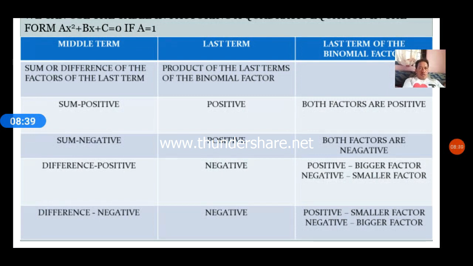And of course, if the last term is negative and the middle term is negative, that is also the difference, so the bigger factor will now be negative and the smaller factor is positive.